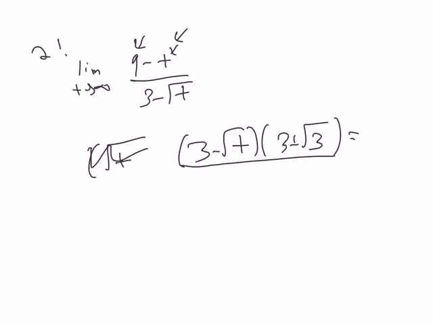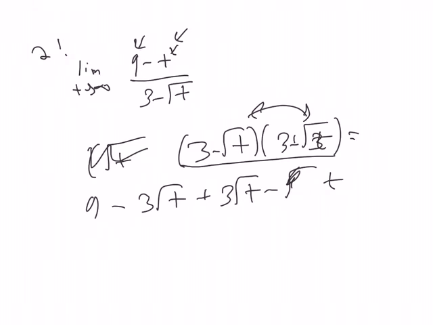As we'll see, we're going to get 3 times 3 is 9, and then over here we're going to get minus 3 square root of t, and then plus 3 times the square root of t, and then minus the square root of t times the square root of t, which is minus t, right, when the t's multiply. Because when you have a minus and a plus over here, basically these are always going to cancel.